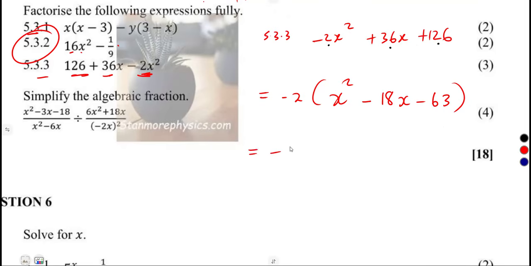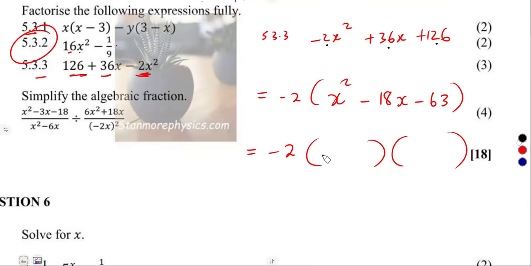So this is what you're going to have. Negative 2, we have got a quadratic here. From our concept of factorization, we do understand that we are going to have two brackets. Since the coefficient of x squared is 1, what are you going to do? You are simply going to consider this as x and this one as x.